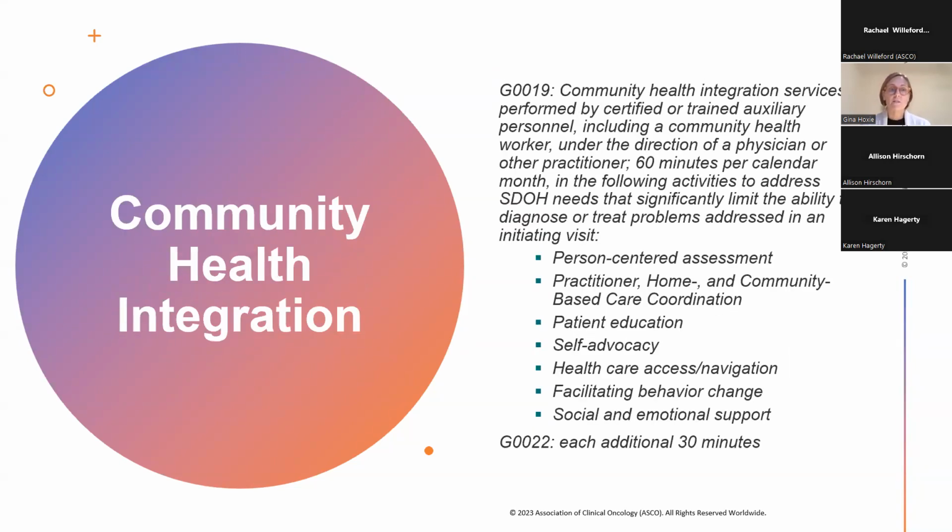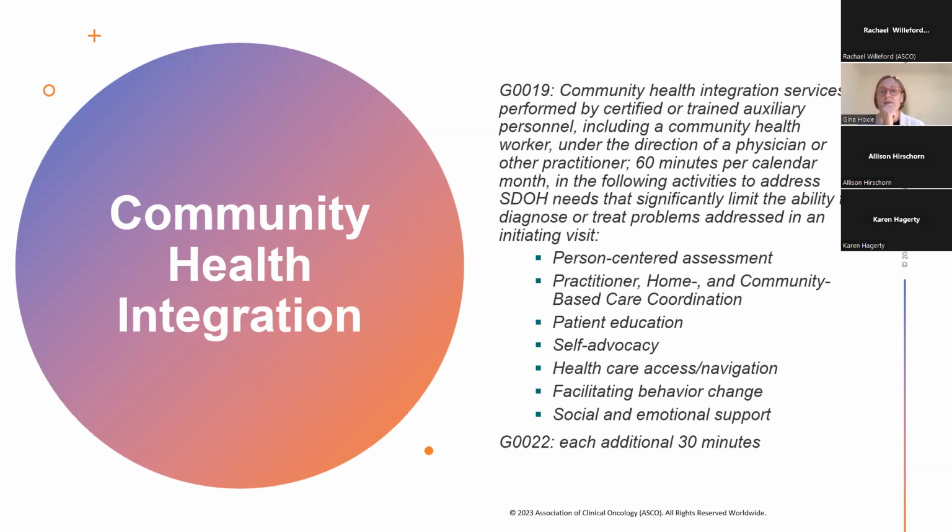So in addition to the social determinants of health risk assessment code, CMS is also finalizing a set of 2 codes that will, once a physician identifies some needs for patients, then billing these codes would give them reimbursement for connecting those patients to community health resources.